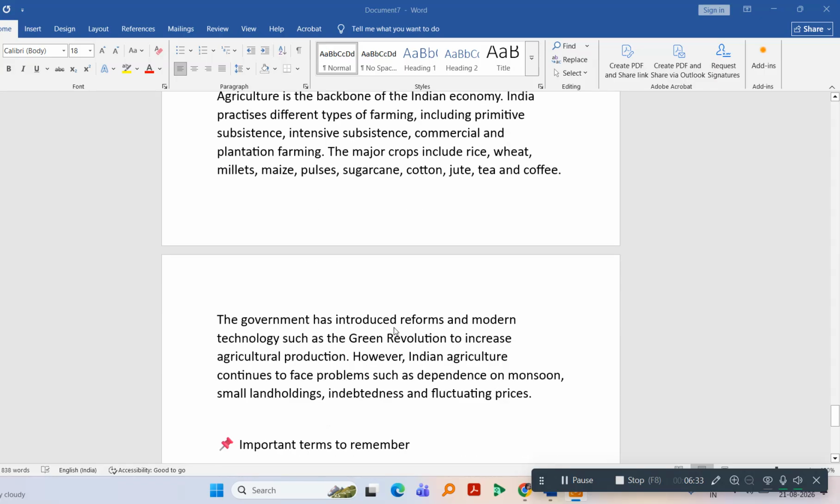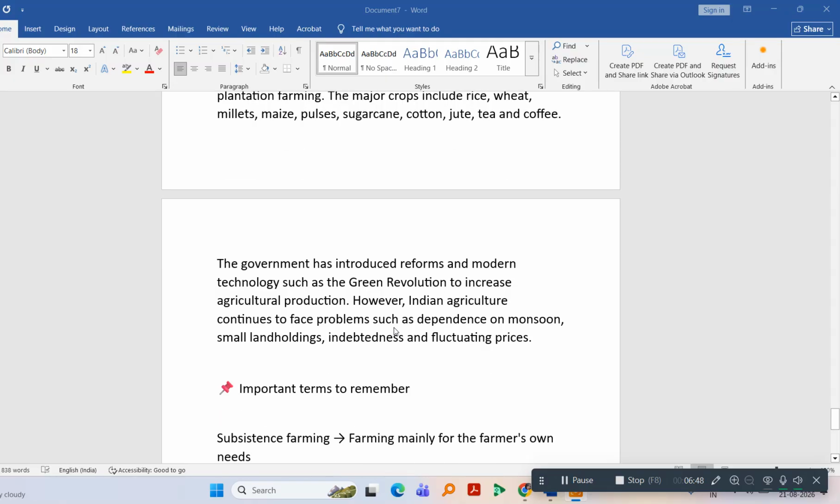The government has introduced reforms and modern technologies such as the green revolution to increase agricultural production. However, Indian agriculture continues to face problems such as dependence on monsoon, small land holding, indebtedness, and fluctuating prices.